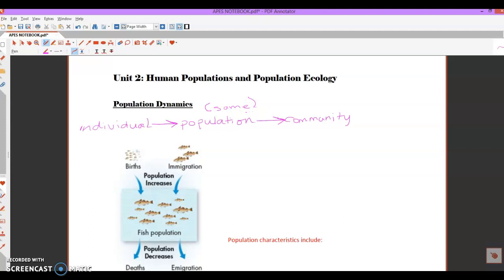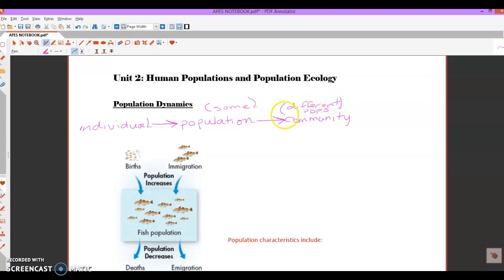So we talk about a population of people or a population of giraffes, a population of fire ants, whatever it is, the same type of organism that can interbreed. Okay? Now, a community, there's going to be different populations. So different populations.